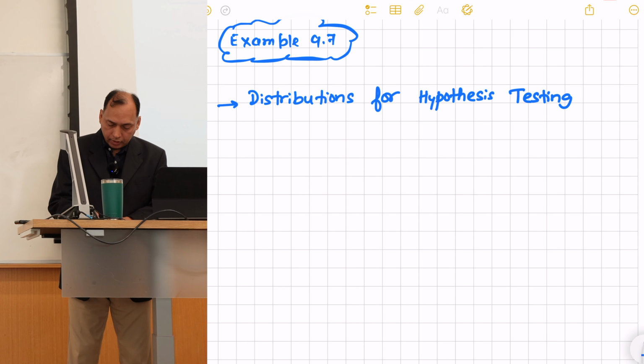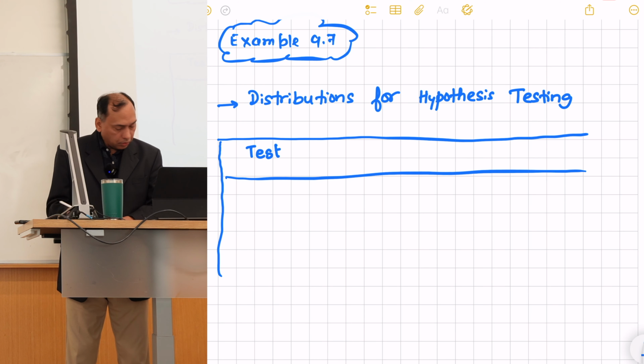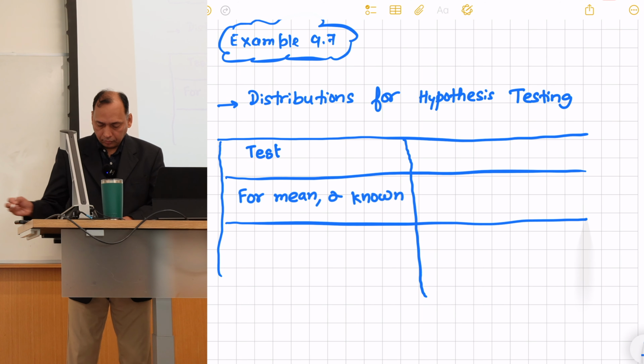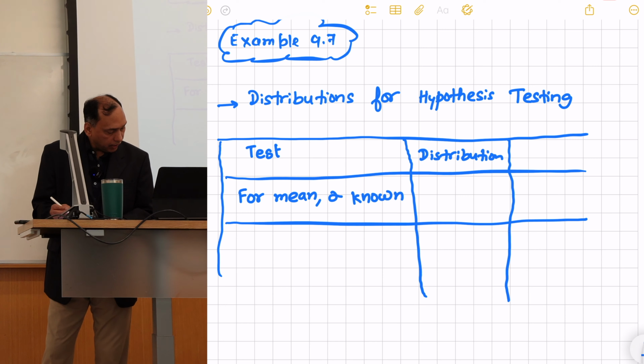So if your test is for mean, where sigma is known, that is one situation that you have seen earlier also. So the distribution in this case is going to be normal.